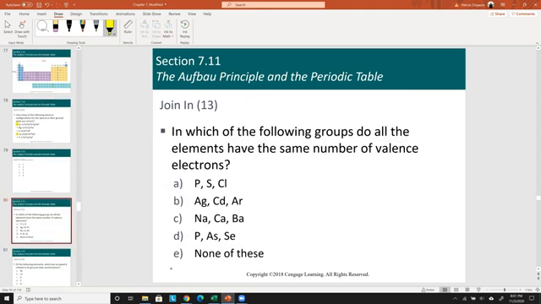Okay, cool. So another question. Which of the following groups have the same number of valence electrons? That's a good one. So let's look at phosphorus, sulfur, and chlorine. Just from knowing what you learned from chapter 3 and 4, do they have the same number of valence electrons? Yes or no, for A?